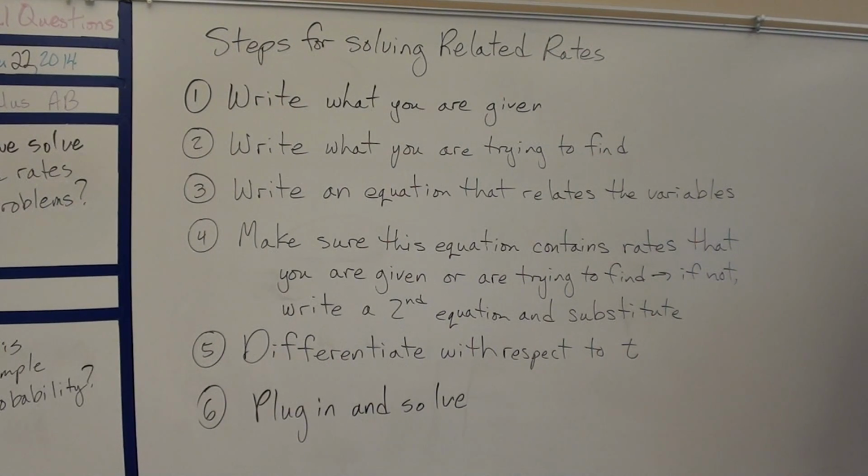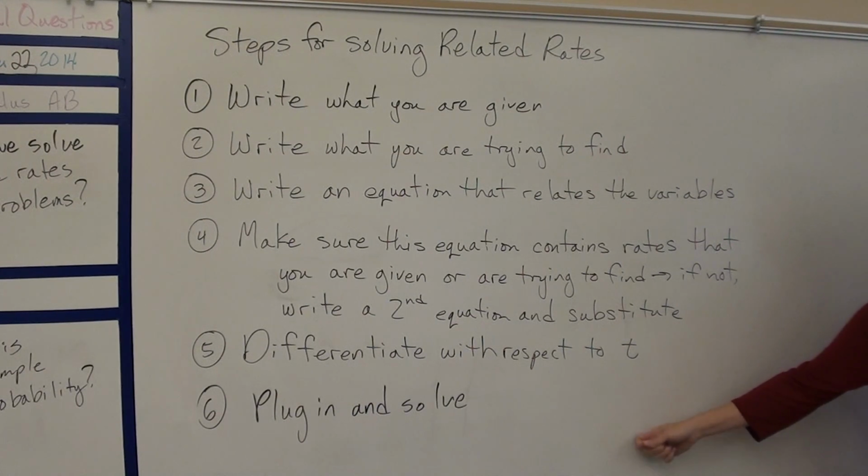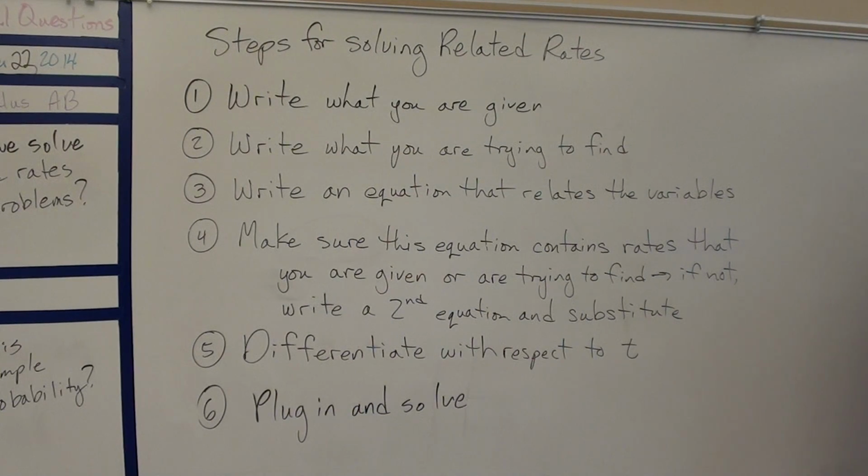Usually they give you enough information to write a second equation, and then you can substitute out the variable that you want to get rid of. Write it in terms of the other variables. Then for all of these, you're going to differentiate with respect to time. And then you plug in your numbers and you solve.